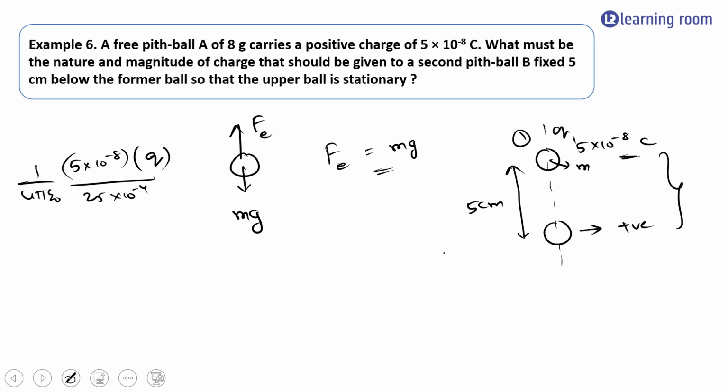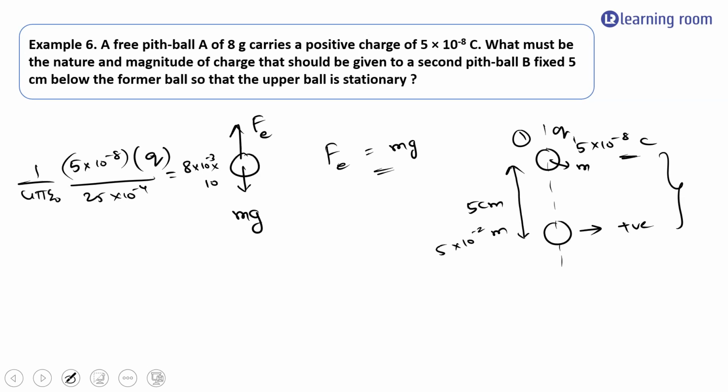Because 5 centimeter is 5 into 10 power minus 2 meter. Squaring it is going to give me 25 into 10 power minus 4. Right? This should be equal to how much? 8 grams. So 8 into 10 power minus 3 into, if I take the value of g to be 10 for instance, because every number seems to be divisible by 5. Okay, if I take it to be 10, I have one unknown and one equation.